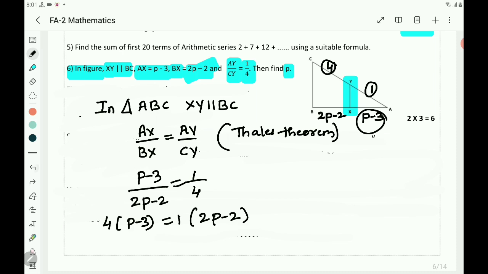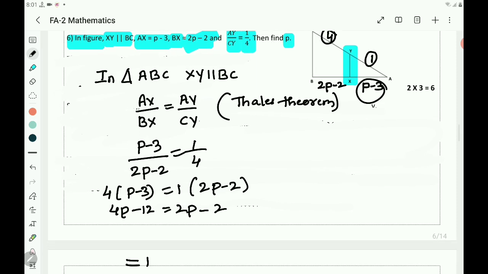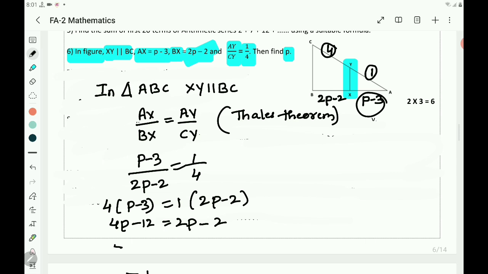Then 4 into P, 4P, minus 4 into 3, 12, equals 1 into 2P, 2P, 1 into minus 2, minus 2. Then here you transfer 2P to the LHS and minus 12 to the RHS.